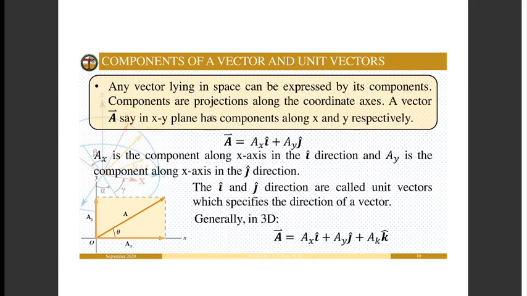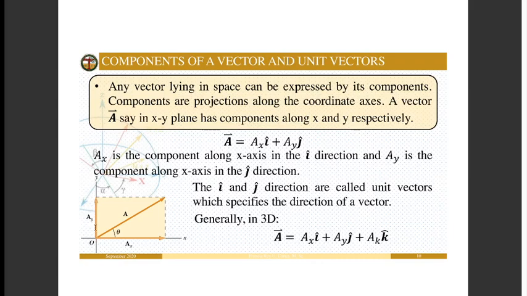For example, my vector A is lying on the xy axis, meaning na meron siya sa two-dimensional system. So the projection of A with respect to y is actually equal to Ay.